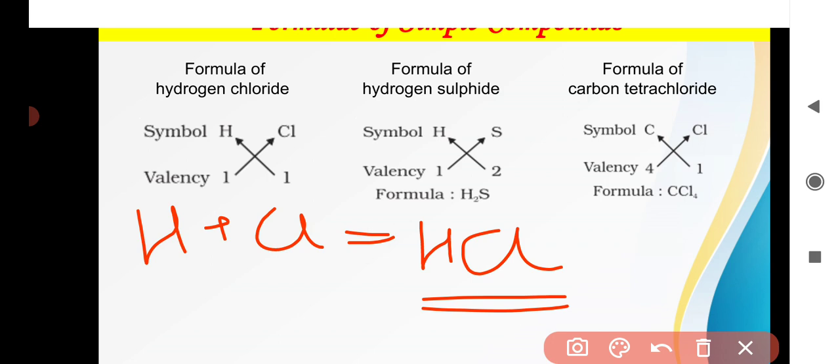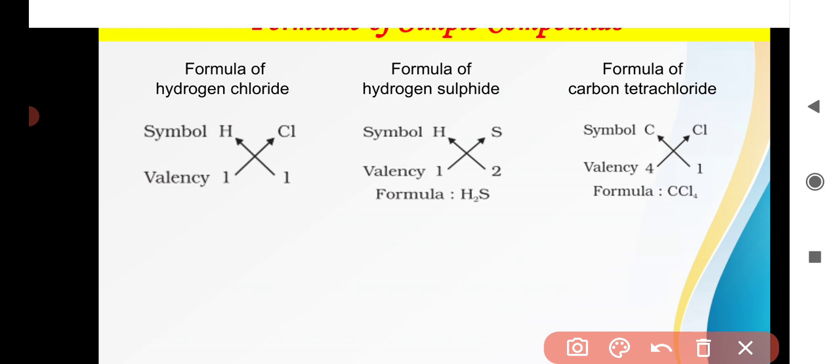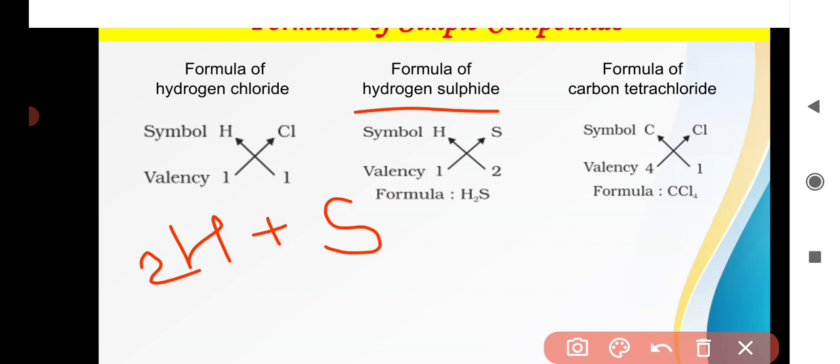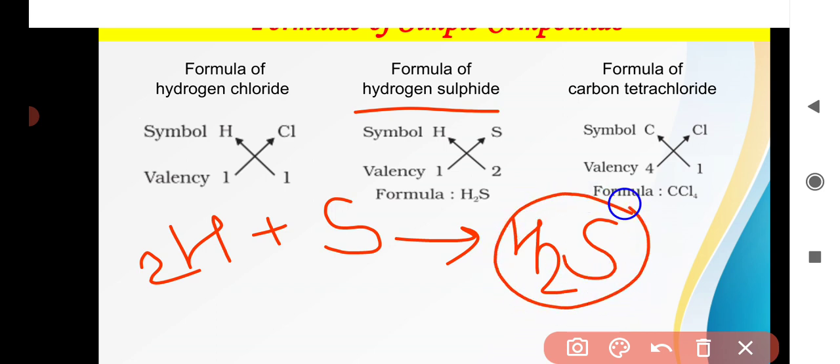This is the chemical formula for hydrogen chloride. In the same way, for hydrogen sulfide, we have hydrogen plus sulfur, but the valency of sulfur is 2. That's why we have to add 2 hydrogen species to a sulfur, which results in H2S. H2S is the formula for hydrogen sulfide.